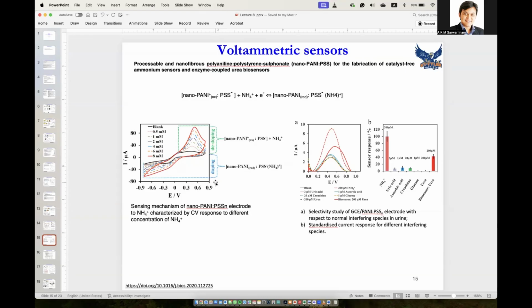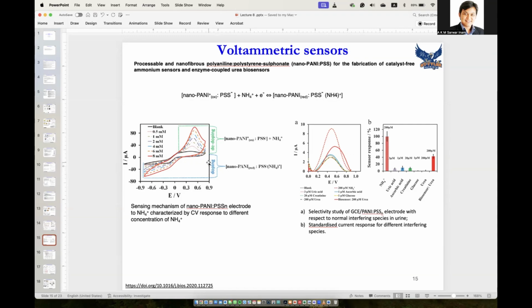The PSS here provides a soft template for nanofiber formation, and it enables the detection of ammonium based on an intrinsic doping-dedoping mechanism. Here you can see doping and dedoping. And the PANI, polyaniline, has a unique selectivity for ammonia via this reversible doping-dedoping mechanism through the interaction between the lone pair electron on the nitrogen atom of polyaniline and ammonia.